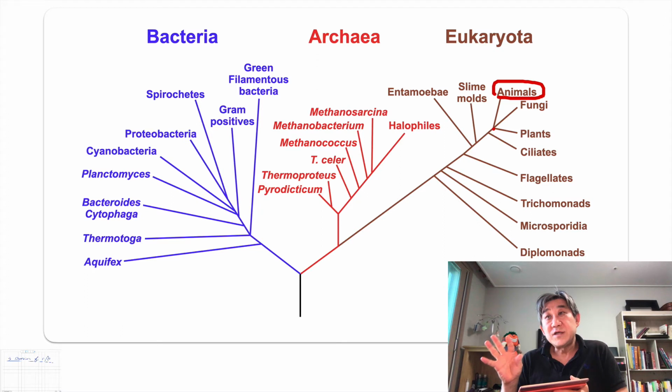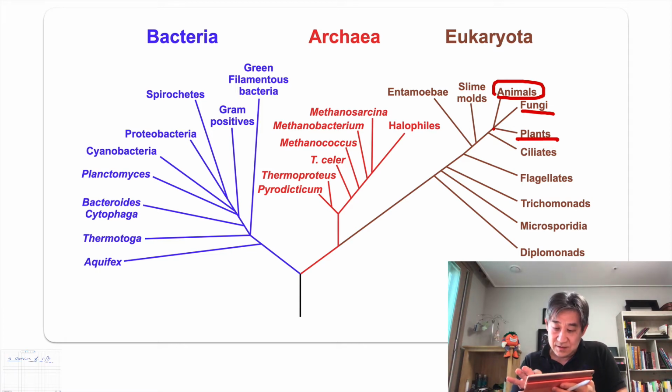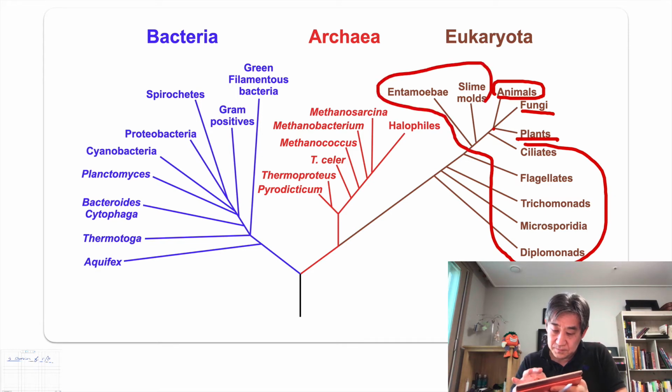So here is one branching point from which three different groups of eukaryotes come, like plants and animals and fungi. Fungi, once again, include mushrooms and mold and yeast. They are all eukaryotes, right? But then what about the others? Whatever they are, ciliate, flagellate, who cares? But all of the rest of these guys, what are they?